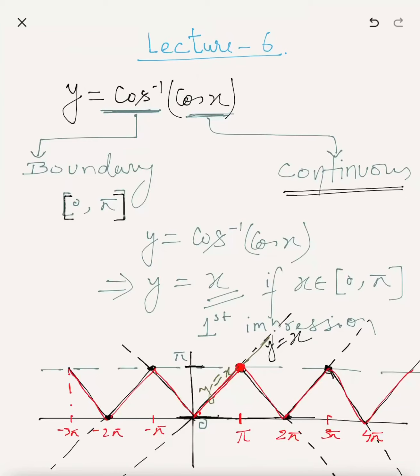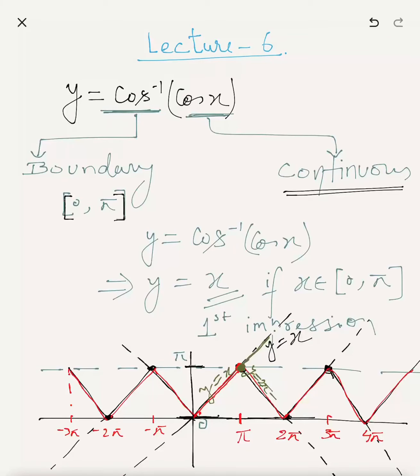The boundary at which the graph is folded is pi. So 2 times pi. The equation of this branch will be y equals 2 times boundary minus graph.